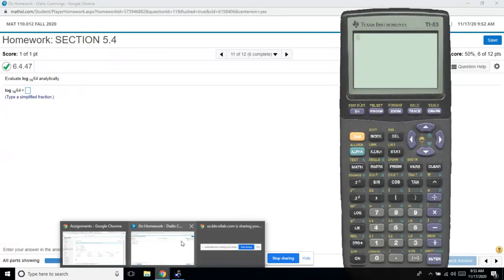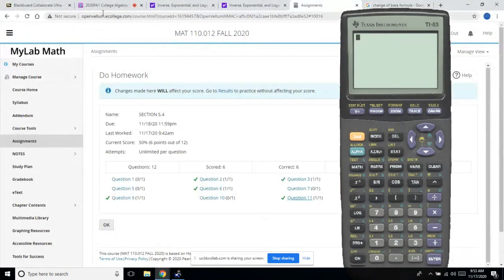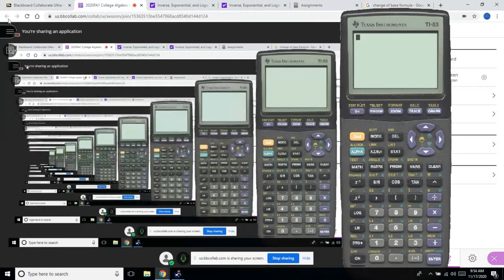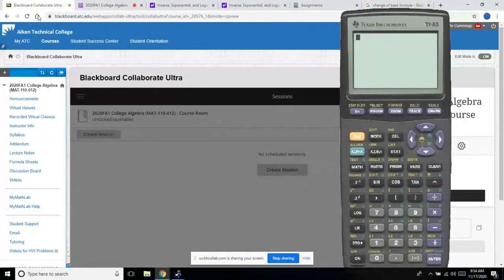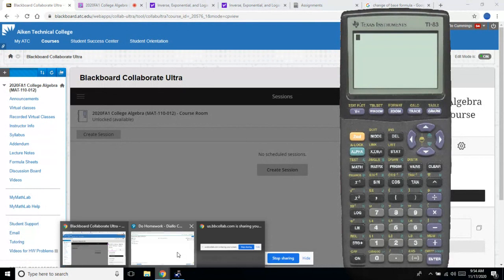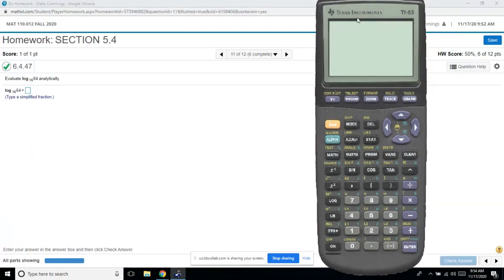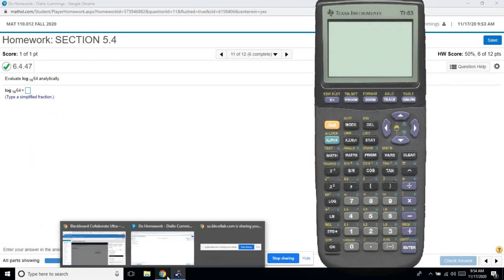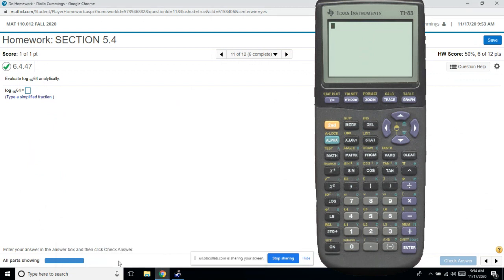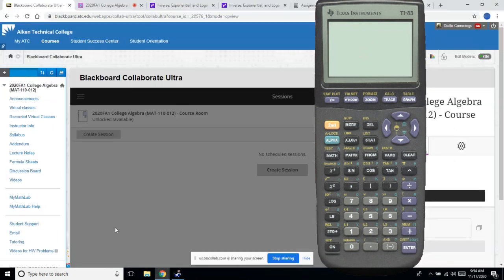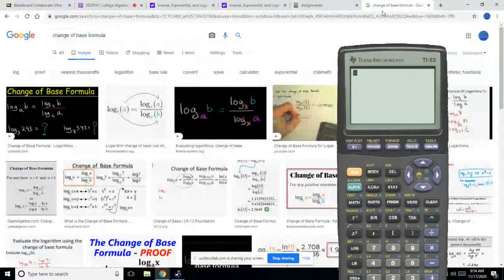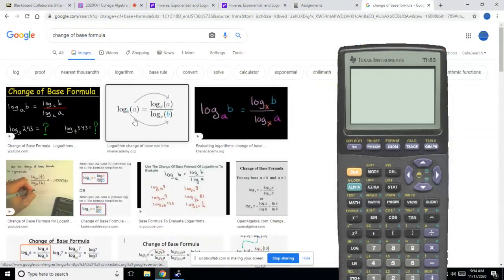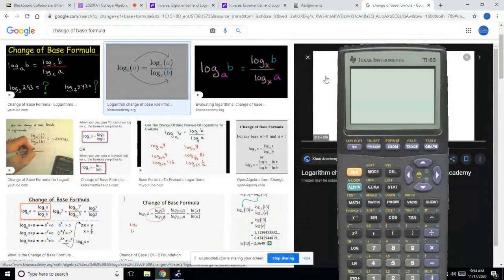However, right, my calculator can only deal with common logs and natural logs. Well, there's something called the change of base formula. And here is the change of base formula.